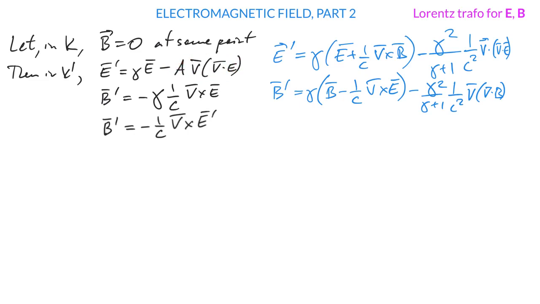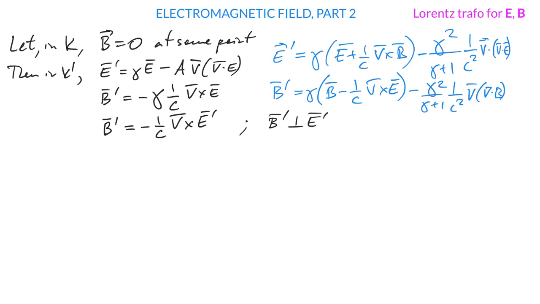So if we do v cross E prime, then only the gamma E term gives something not 0, and we get this B prime. Now, this means that B prime and E prime are orthogonal. So if in some reference frame the magnetic field is 0, then in any other reference frame the magnetic field will be orthogonal to the electric field.